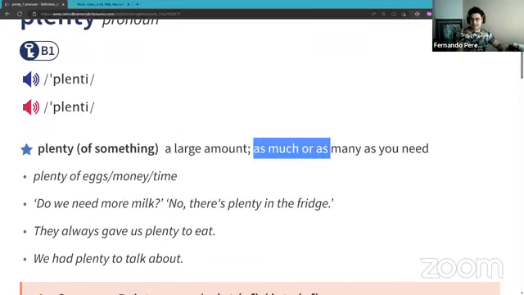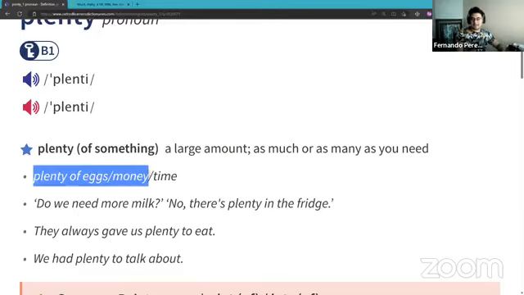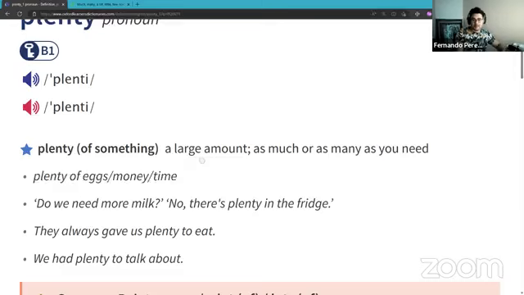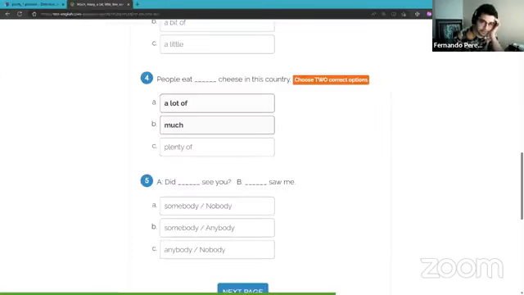As much or as many as you need. Is similar to much, you see? So plenty of eggs, plenty of money, plenty of time is similar to say many eggs, much money, and much time. I have a problem. A lot of cheese. Much cheese, plenty of cheese.